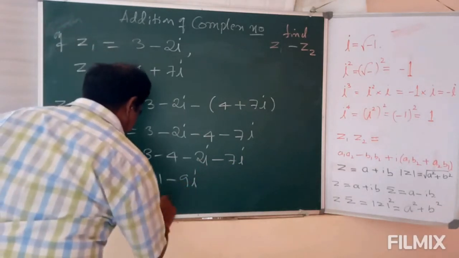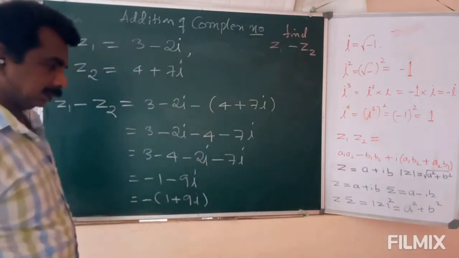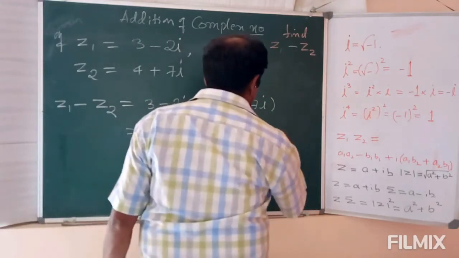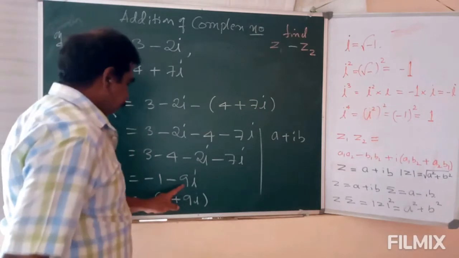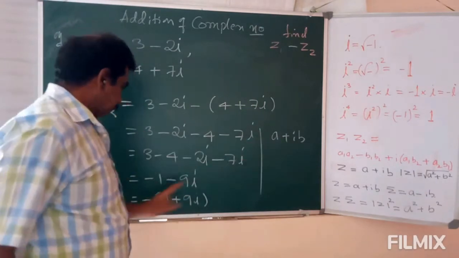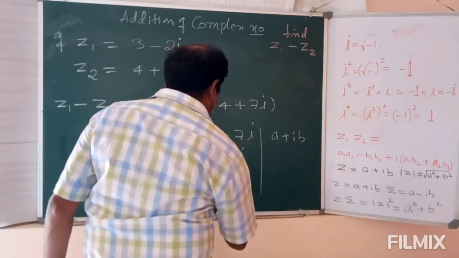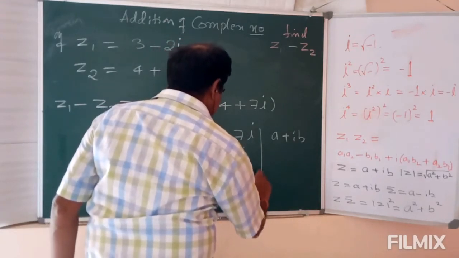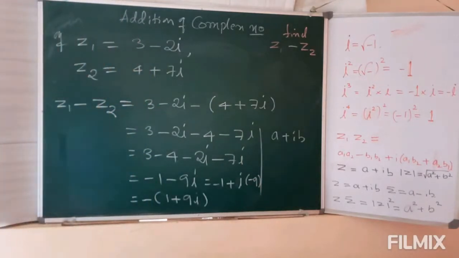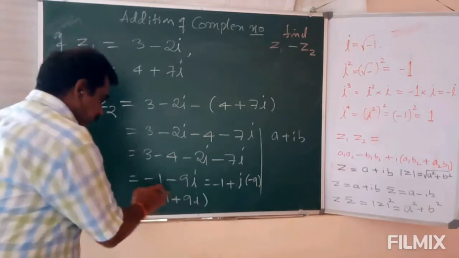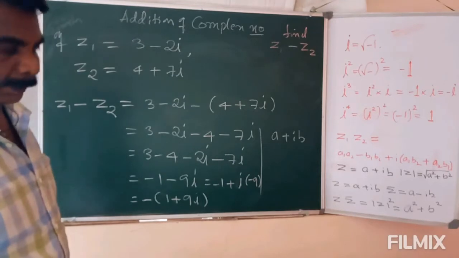That is minus of 1 plus 9i. You can write in the form a plus ib, where a is minus 1 and b is minus 9. That is equal to minus 1 plus i into minus 9. This is enough, that is also Z1 minus Z2.